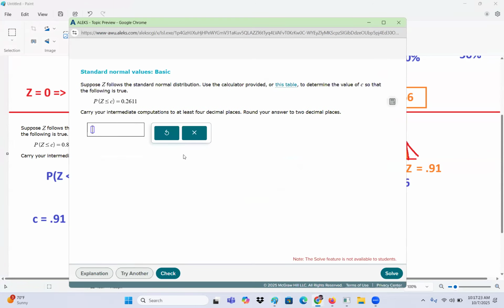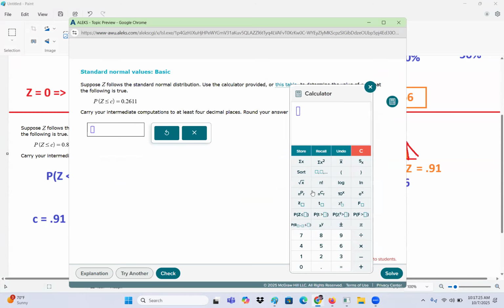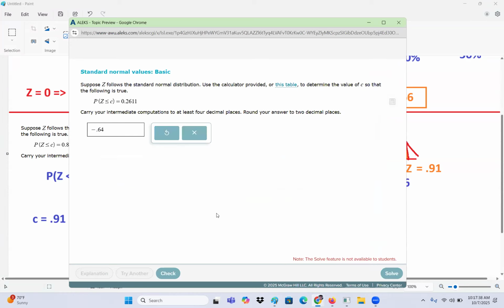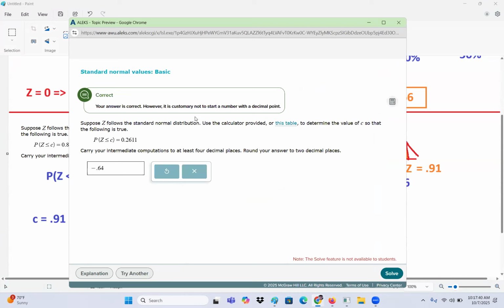So the same thing, they can do the Z of 1 minus 0.2611. You get 0.64, negative 0.64. So we can check the answers quickly. There's going to be a special form. Yeah, we can start from 0.64, it doesn't matter anyway.